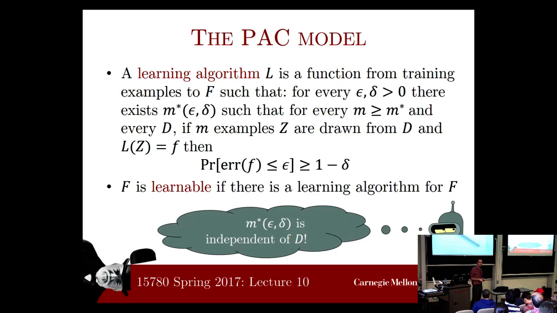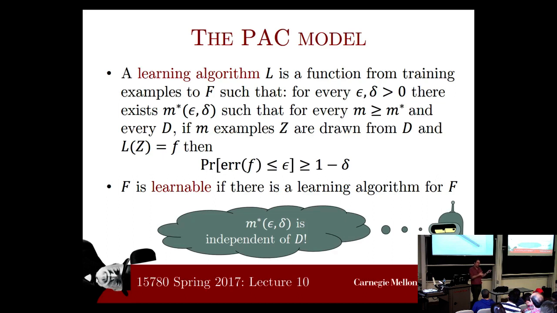And why do we have this condition that it should work for every distribution? Why can't we have a weaker definition where m star depends on D? Because you can achieve even this kind of guarantee. I guess if it wasn't possible to achieve this kind of guarantee for interesting function classes, of course there is some work that is also specific to distributions.